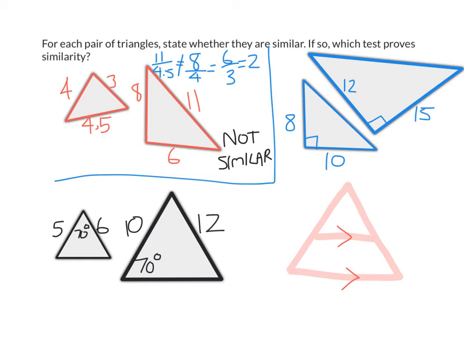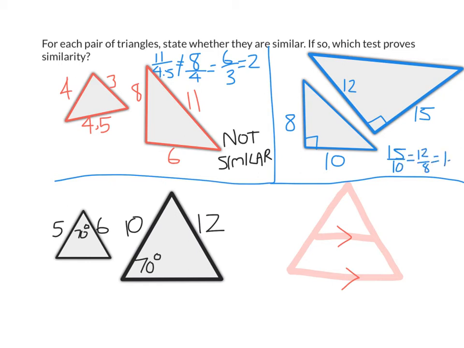So let's look at these two triangles here. They're both right-angled triangles, but I don't want you to just think that because they're right-angled, you must use the RHS test. You see, here we have two pairs of sides in the same proportion. They're in the same proportion because 15 over 10 equals 12 over 8. Both are equal to 1.5.